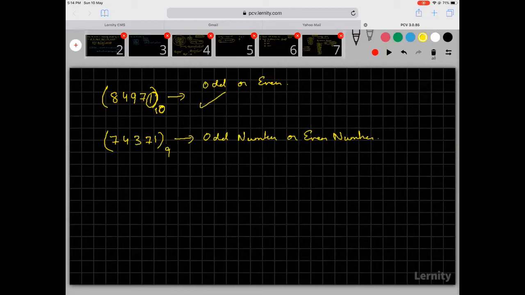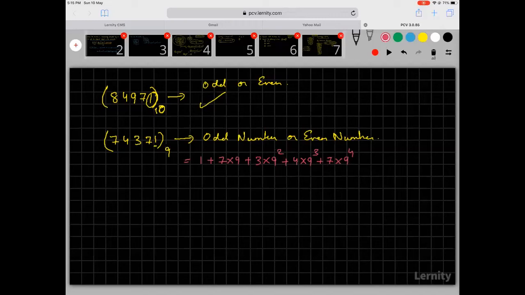So we should not jump to conclusion. Just because there is a 1 here, it doesn't mean that it is odd. What we have to do is first understand that this is equal to 1 plus 7 into 9 plus 3 into 9 squared plus 4 into 9 cubed plus 7 into 9 power 4.